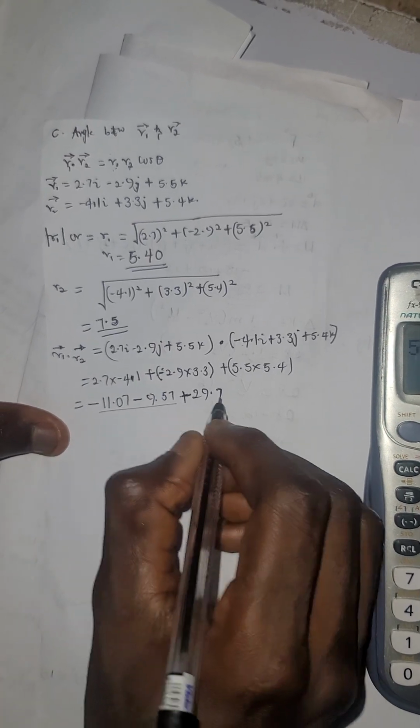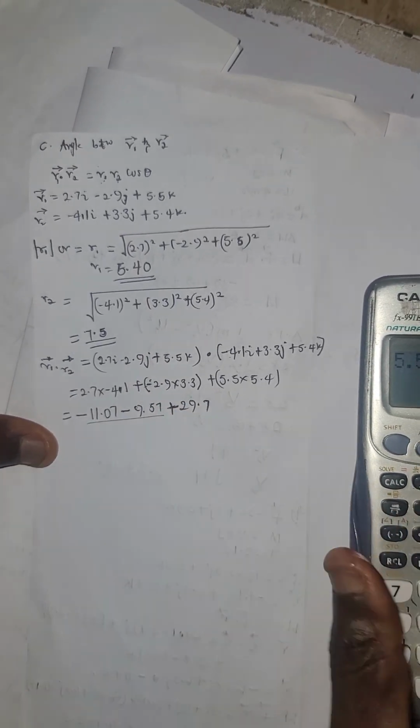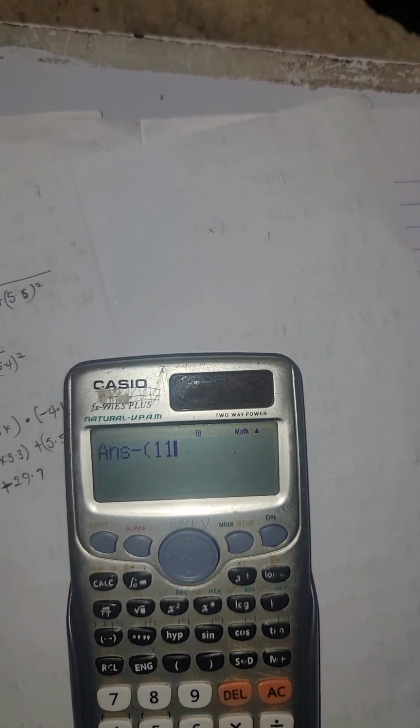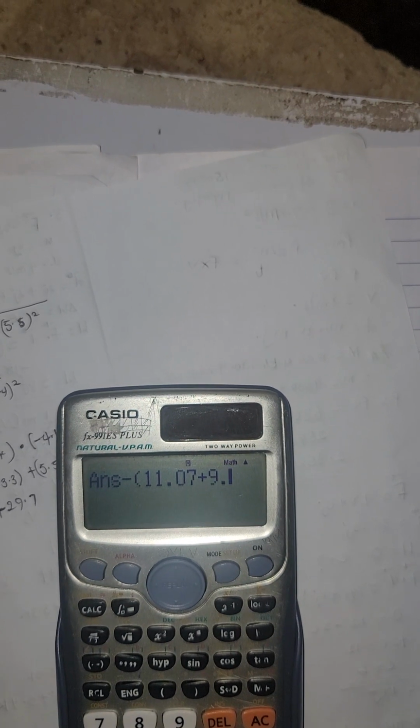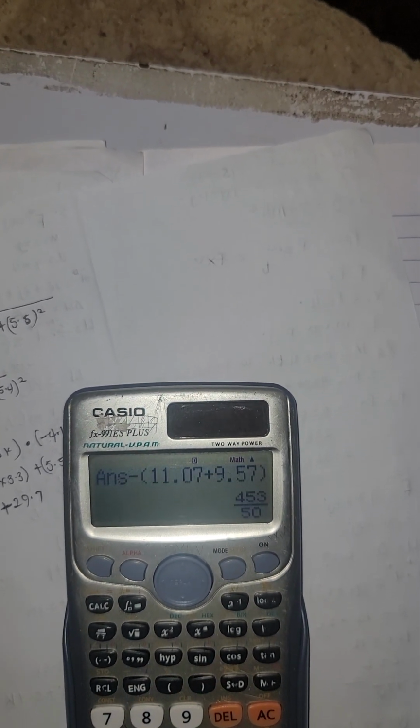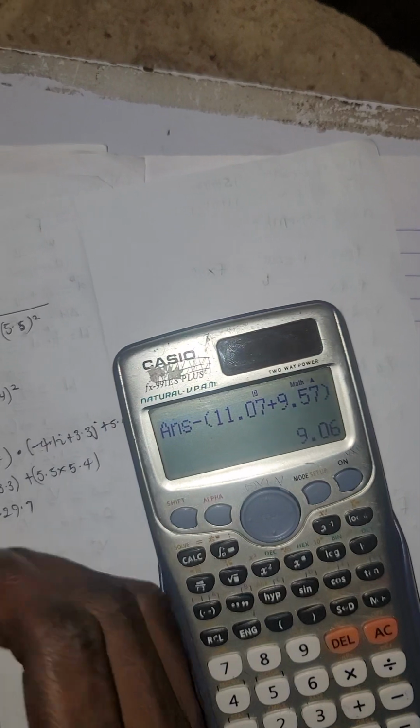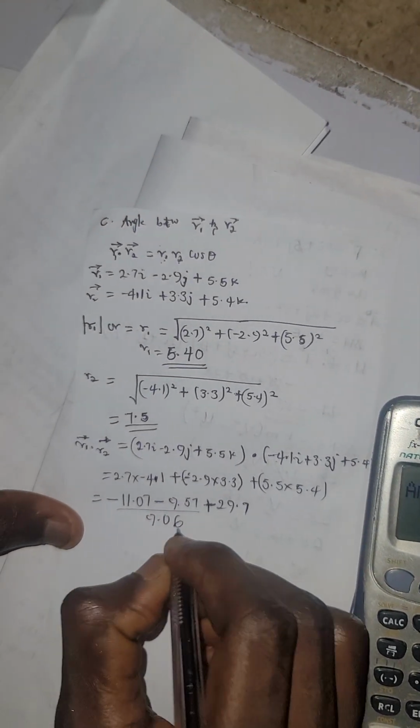When we add these two, we subtract from this: 29.7 minus open bracket 11.07 plus 9.57. So this remains 9.06.